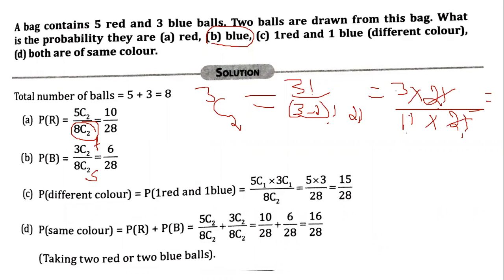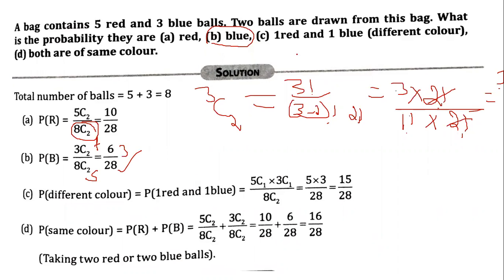So 1 factorial is nothing but 1. So 3 by 1 is 3. Next, 8C2 is 28. So 3 by 28.